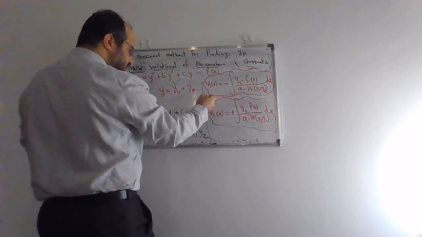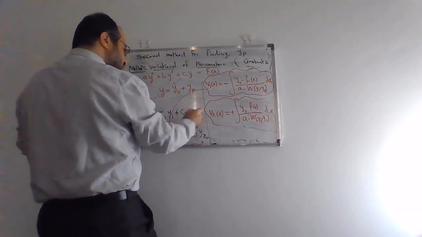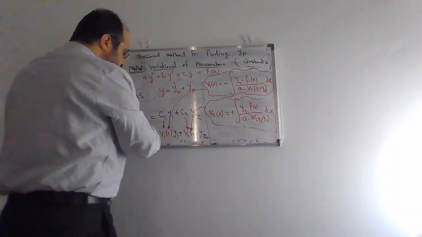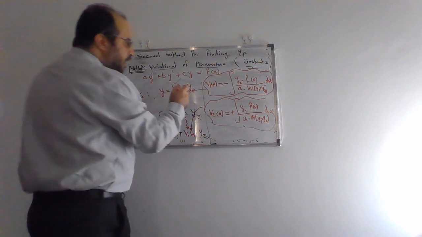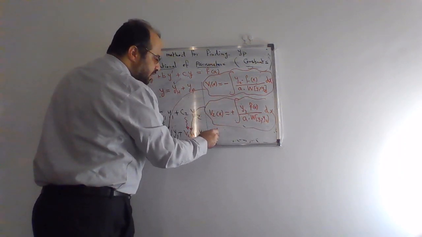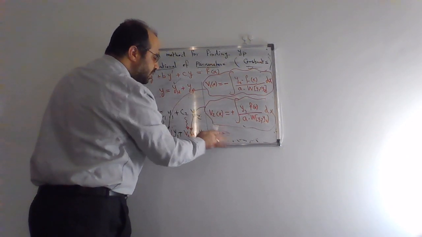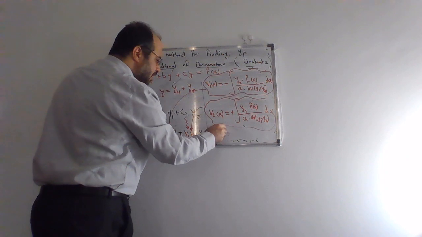After you get these functions, you just put them there, and then you get the y particular. My advice here is not to add any constant of integration when you integrate.